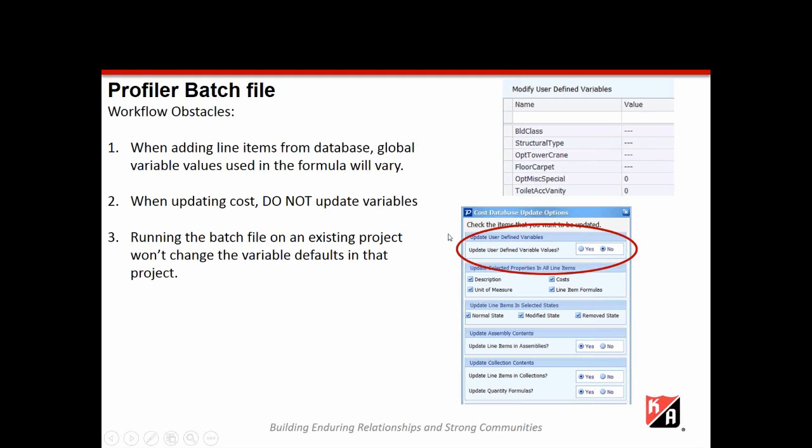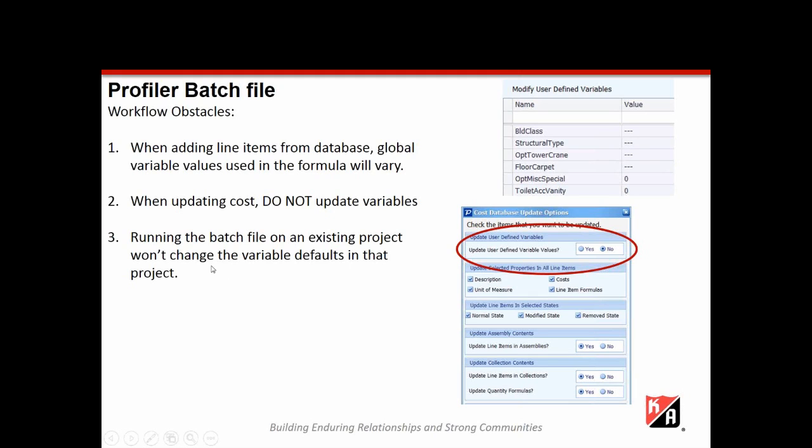Also, when updating costs, if you want to update the cost but not reconnect to the database, make sure you do not update user-defined variables or values. Otherwise, they'll get completely reset to whatever the default is in Profiler in your database, which is not what you want.